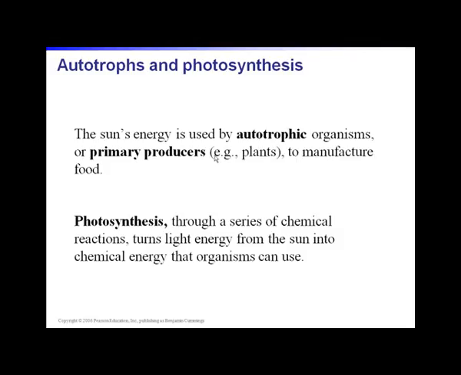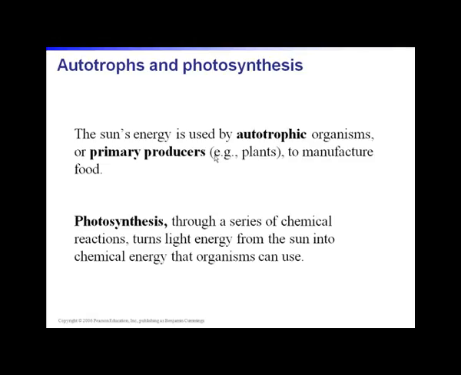Autotrophs and photosynthesis. Okay, so light energy powers most living systems, right? The sun supplies energy to those organisms that are able to use it to produce their own food. So if you can produce your own food, you are known as an autotroph, a self-feeder, auto self, troph feeding, or a primary producer, right?